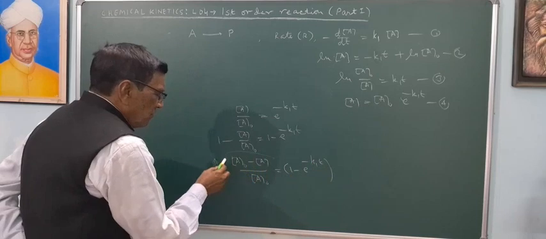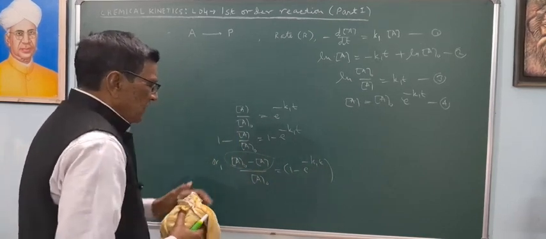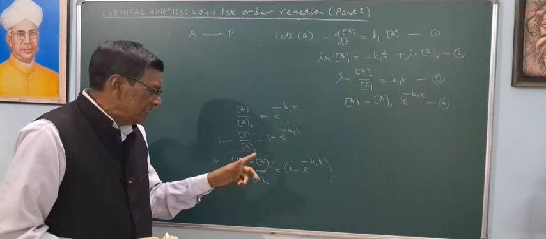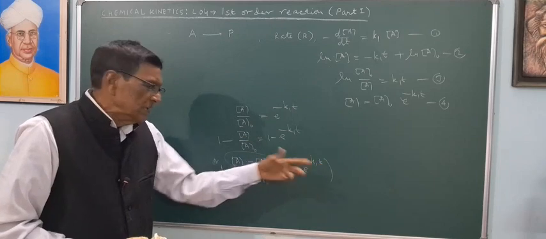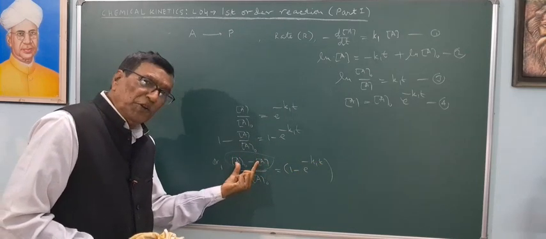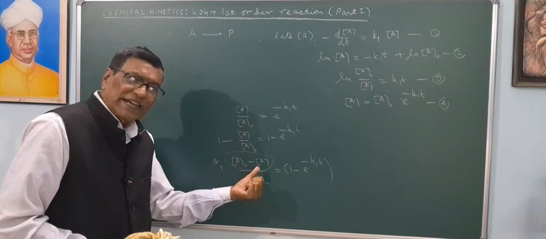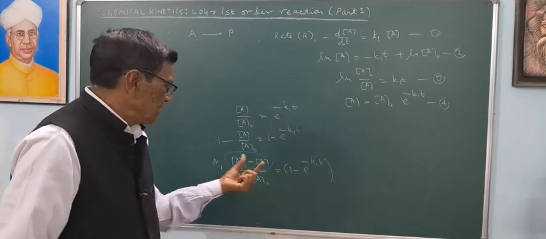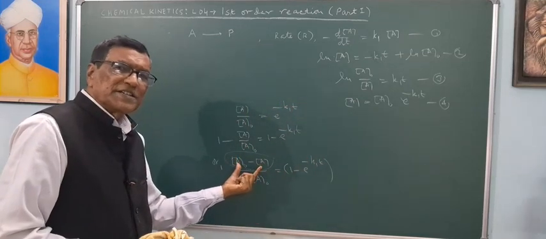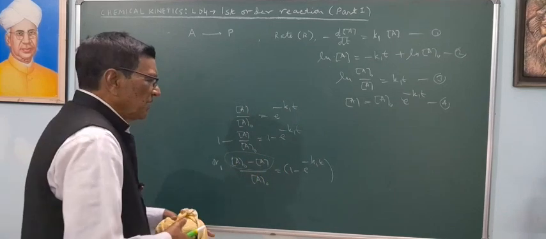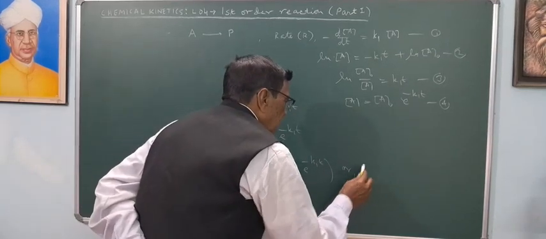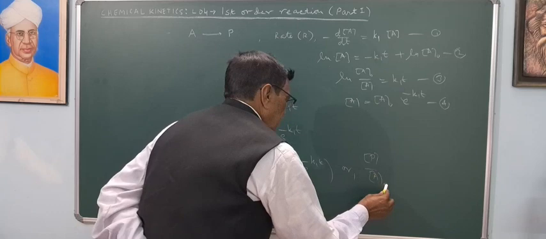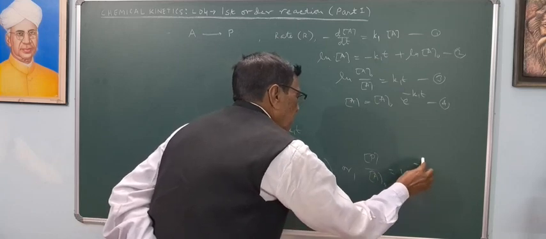Now, what is the meaning of this term? You have taken the concentration A naught at the start, and this one remaining after time T. So this numerator term, A naught minus A, will give you the amount of the reactant converted into product. So this is the concentration of the product, or you can write concentration of P divided by concentration of A naught equal to 1 minus e to the power minus K1T.